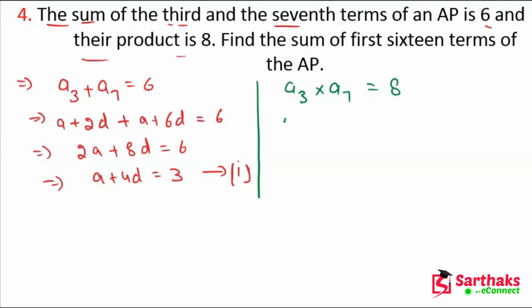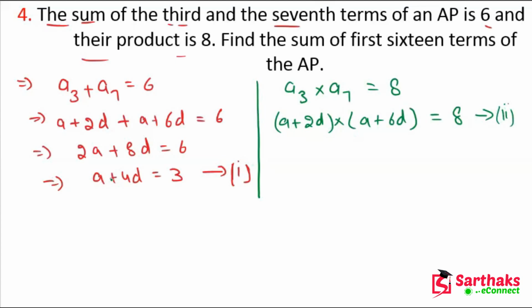Now we know A plus 2D multiplied by A plus 6D equals 8. I hope you understand these things. So this is our second equation.